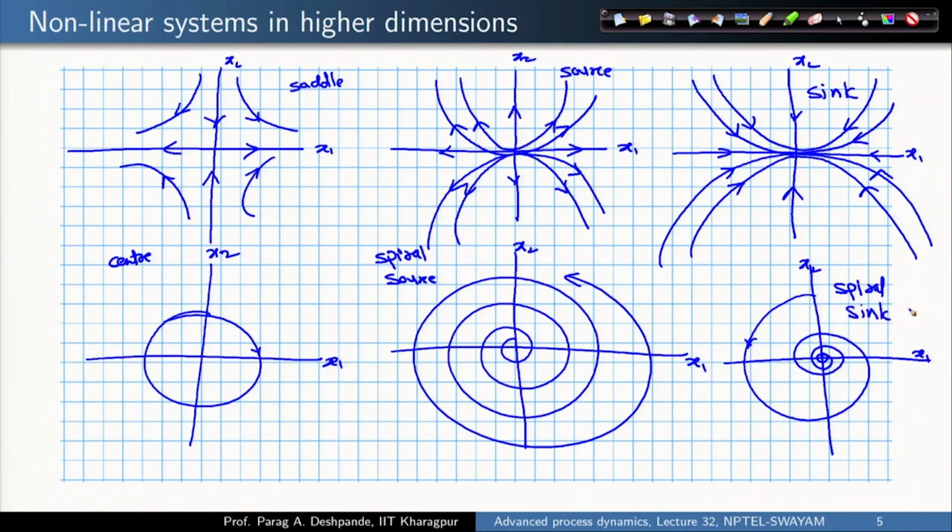Compare it against this particular phase portrait which we got in this study. There is no way that you can approximate this phase portrait to any one of the 6 phase portraits that you studied previously.